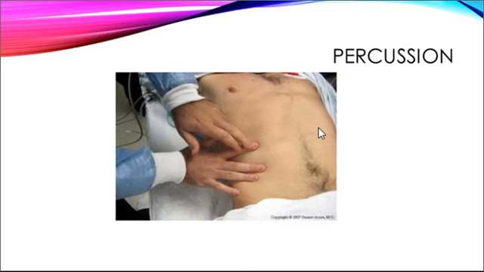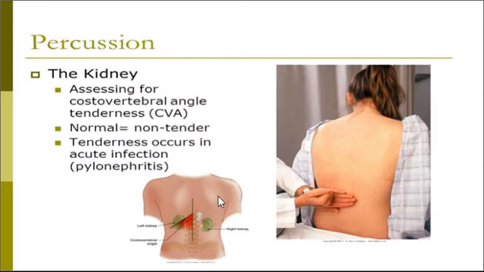And again, if there's areas of tenderness, you want to palpate those areas of tenderness last. You're also going to percuss your kidneys. You can see this image. You put one hand on and you tap or punch gently over that hand. You're looking for CVA or costovertebral angle tenderness.